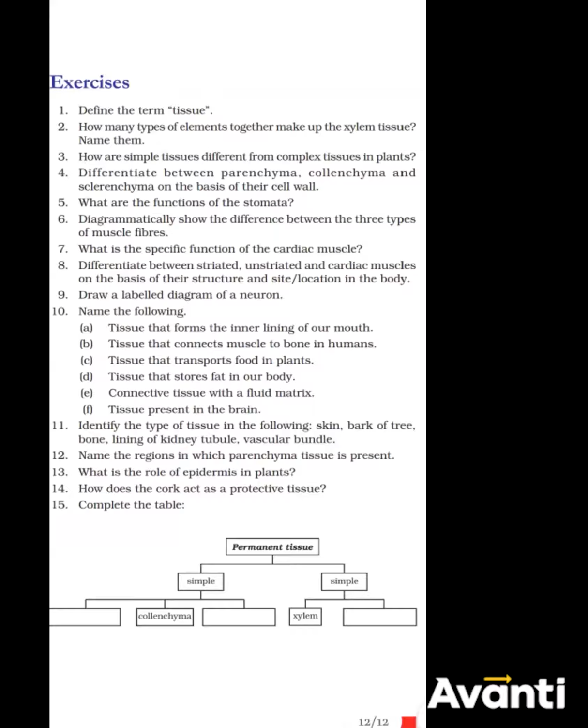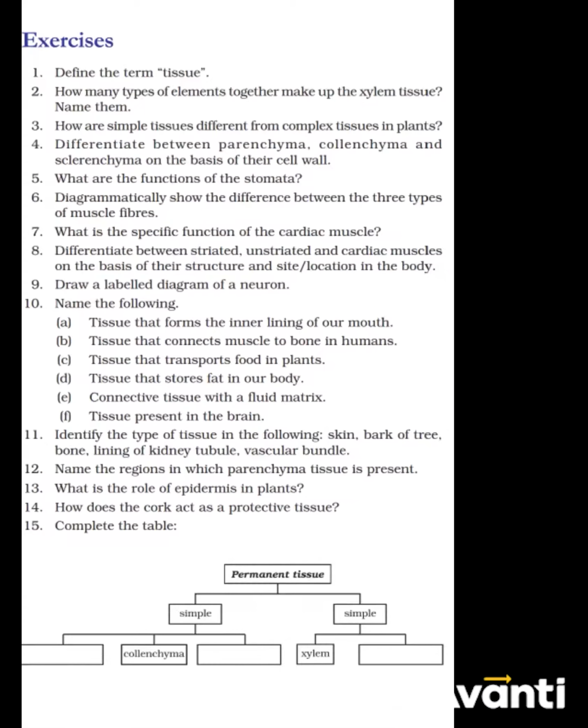Very good. So you people have forgotten that there is something called lateral meristem, which is present between the barks, which helps to increase the girth or the diameter of the plant. Okay, lateral meristematic tissue is the answer.